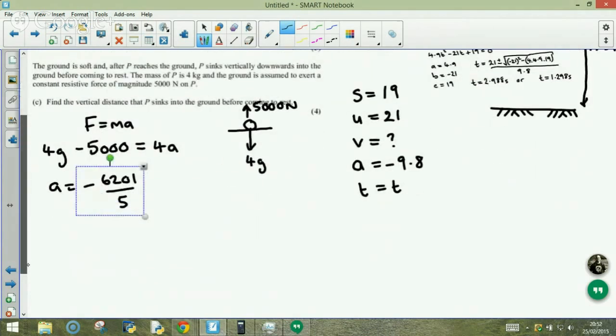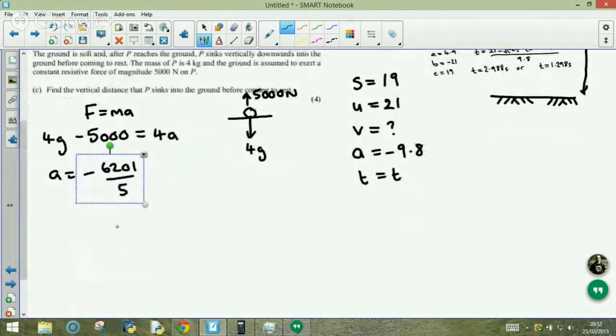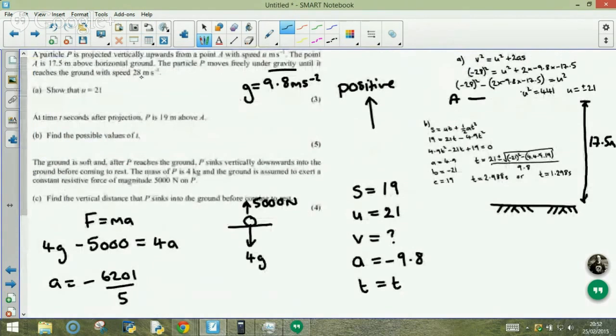And now what we can do is use that to set up our SUVAT. So from the point it strikes the ground to when it stops, I'm going to call it PG. We want to find the vertical distance that it sinks into the ground. The initial velocity, remember it said it reaches the ground with a speed of 28.